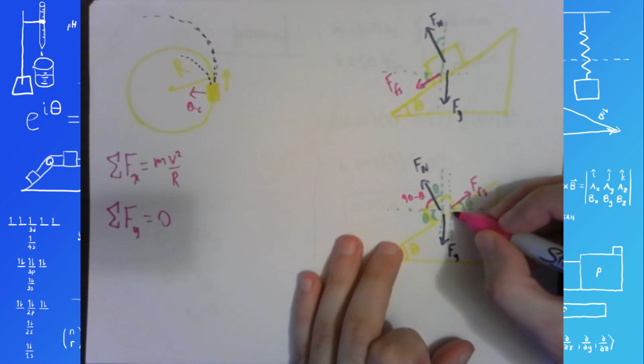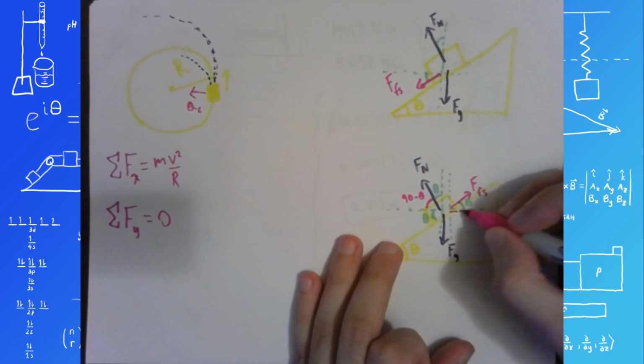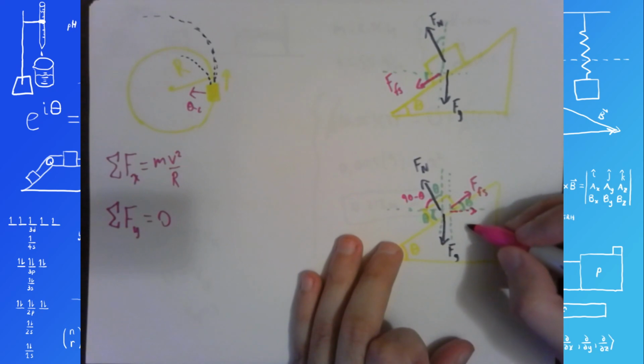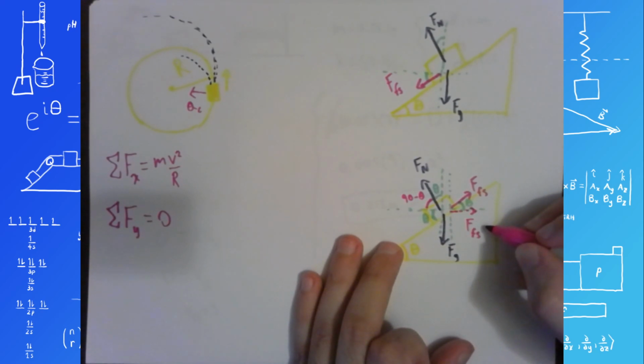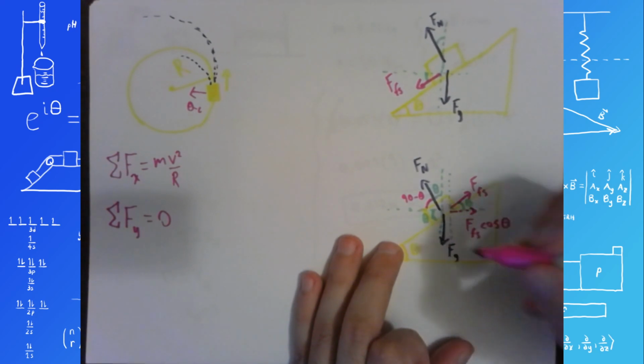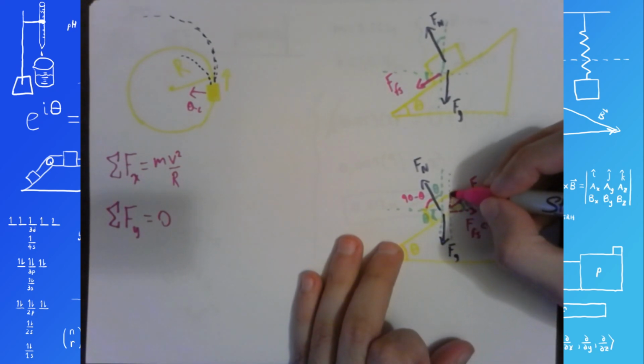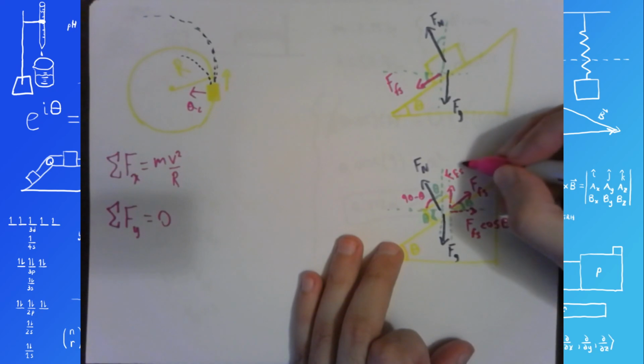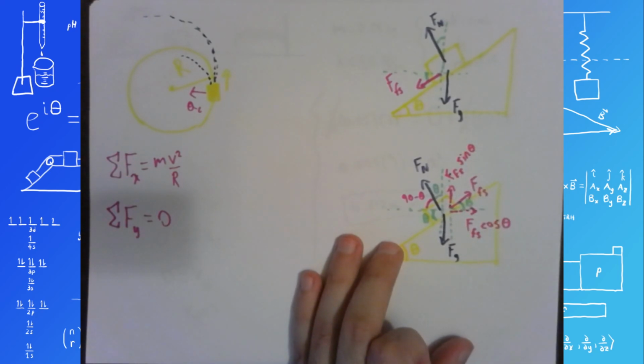I'll draw them using dotted lines. So I'll do this. That's force of friction static times cosine of theta. And then that is force of friction static times sine of theta.